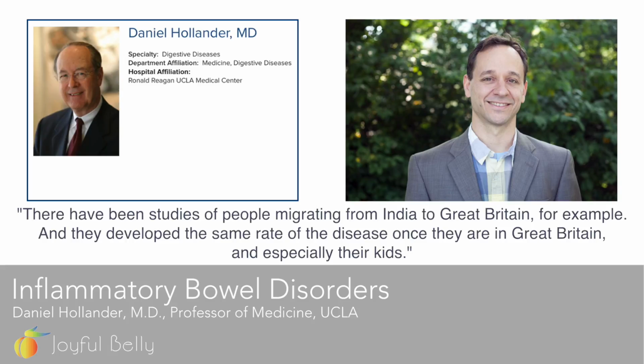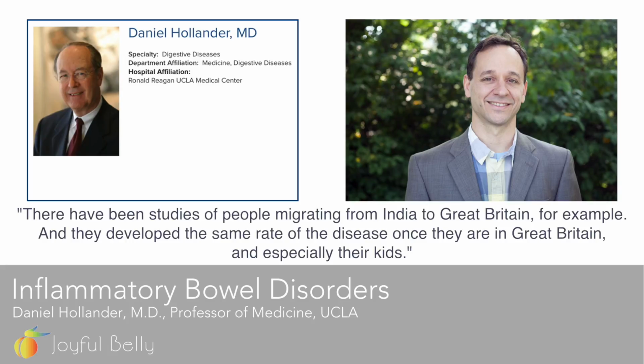And yes, there have been studies of people migrating from India to Great Britain, for example, and they develop the same rate of the disease once they are in Great Britain, and especially their kids do. And there have been some good studies of Chinese migrating from mainland China to Australia, and again, showing the same thing, that the first generation born in Australia have the increased incidence of the disease as compared to Chinese in China.